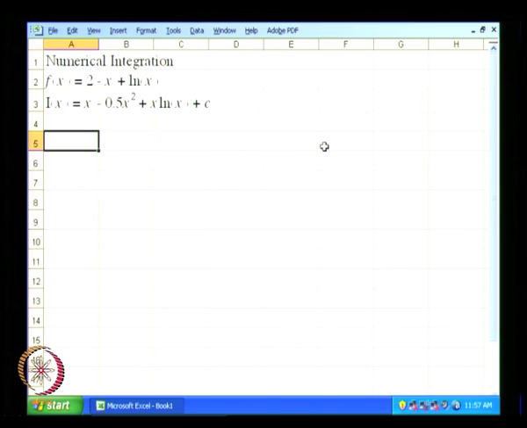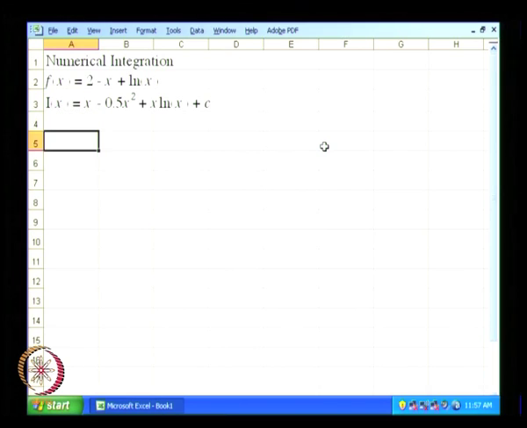Okay, so now let us use Microsoft Excel in order to get the numerical integrals of the equation. This is the equation that we have been using for a fair number of lectures now: f of x equal to 2 minus x plus ln x.